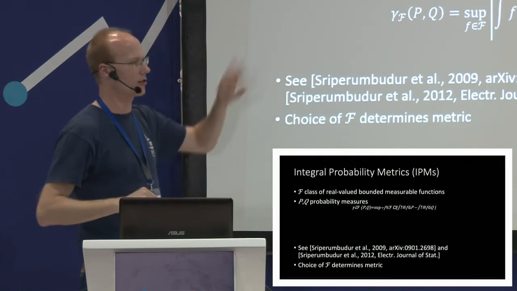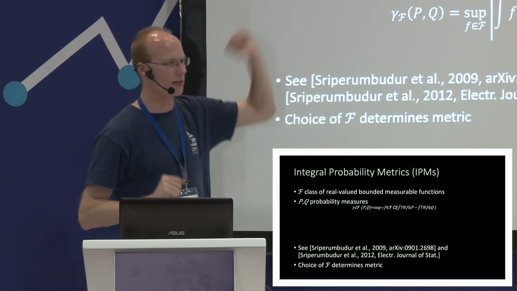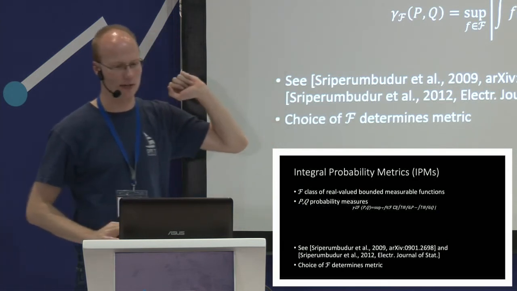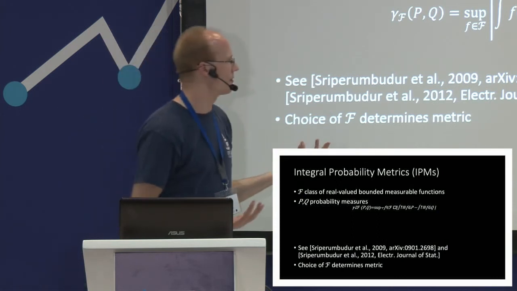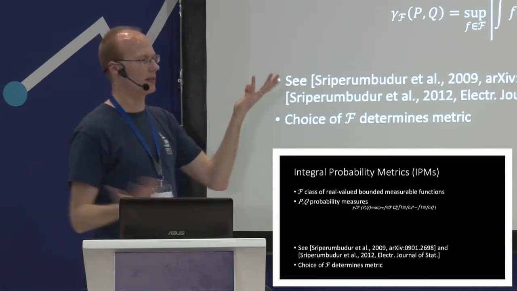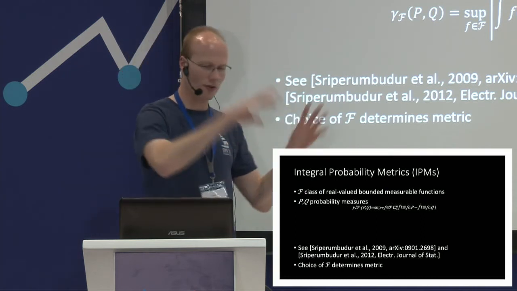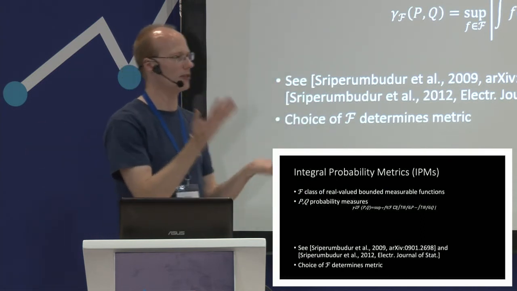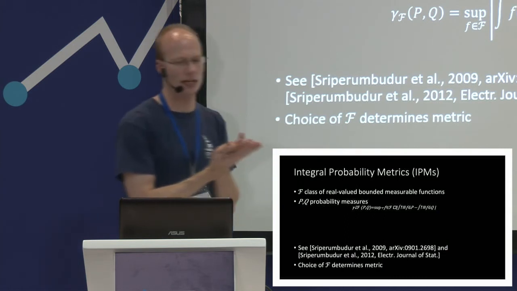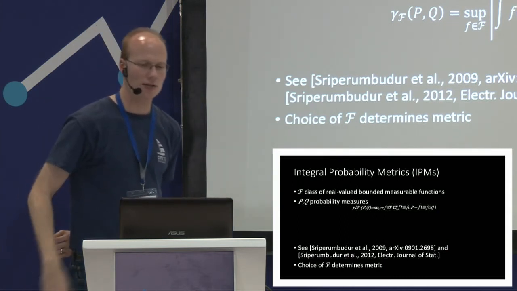On realizations of one distribution it should give high values, and on realizations of the other it should give low values. If I can find this, obviously these distributions can't be the same. If I search over very many functions and I'm unable to find such a function, then surely they are likely the same. So it's a very intuitive concept.